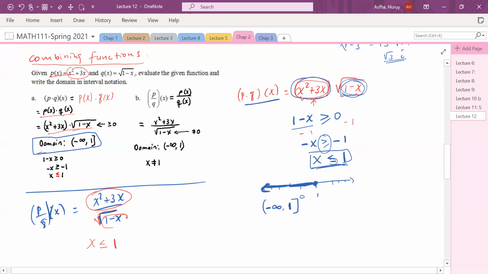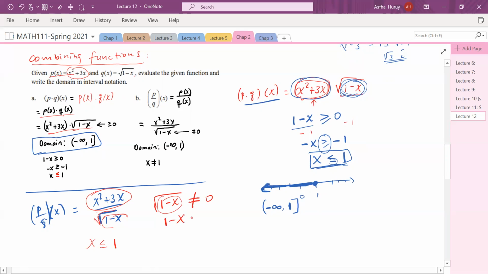This is just from the square root. And another thing is, we want 1 minus x, or square root of 1 minus x, to be different from 0. Okay, the whole thing on the denominator, we want it to be different from 0. So in order for this to be different from 0, well, this inside has to be different from 0.